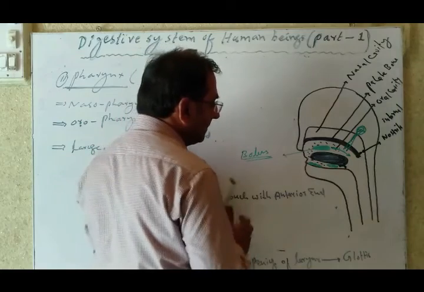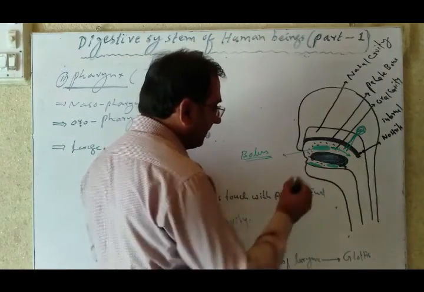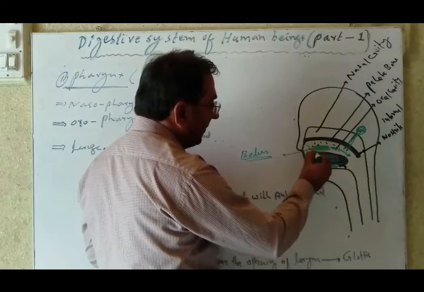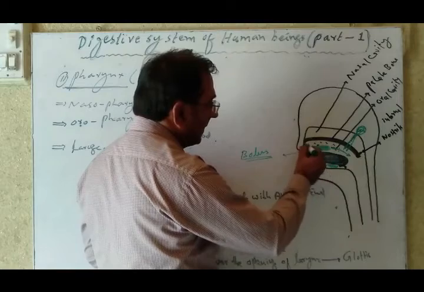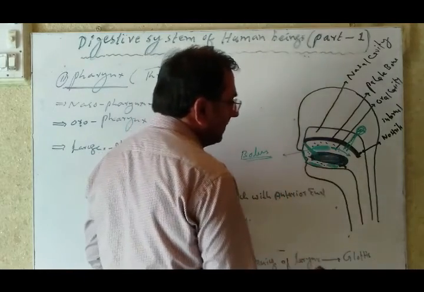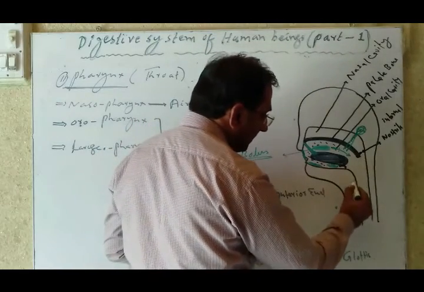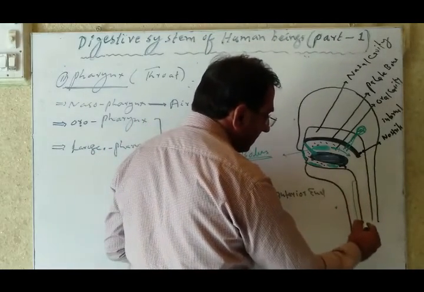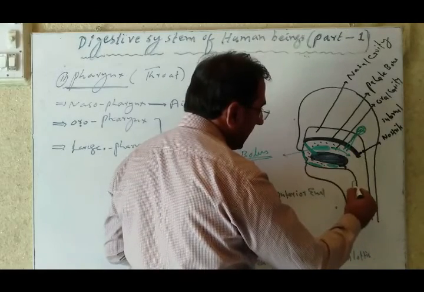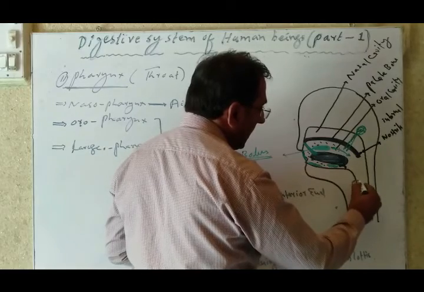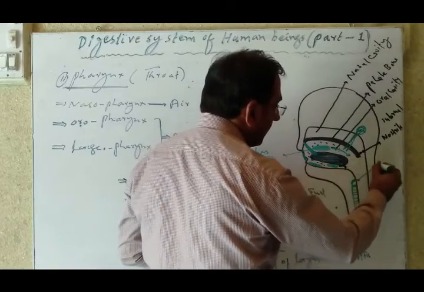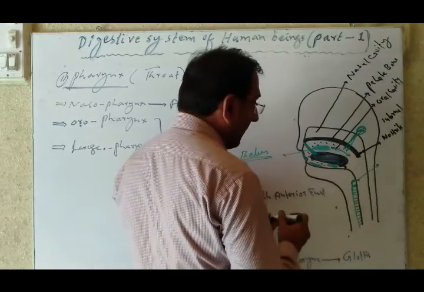Means first of all, the mouth is closed with the help of lips, then the tip of the tongue touches the roof of the mouth, and this is the larynx and the internal opening of the larynx known as the glottis, and the cartilaginous flap known as the epiglottis.